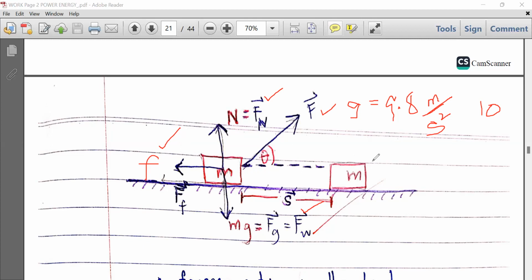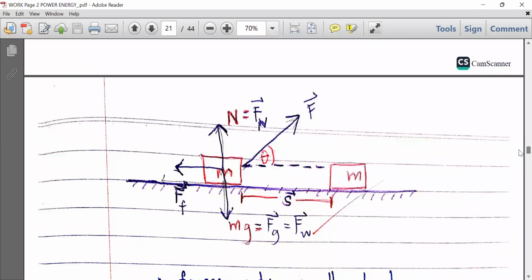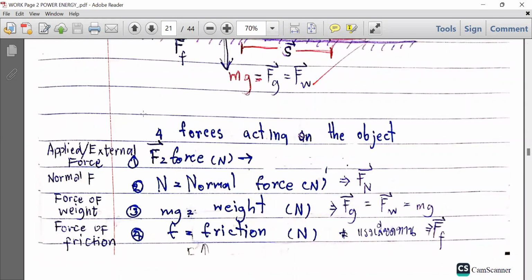Okay, so let's say that we erase. Now let's recall. The big F is the applied force, could be a push or a pull, and its unit is in Newton.